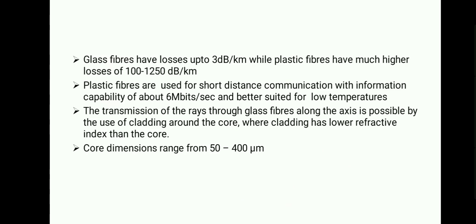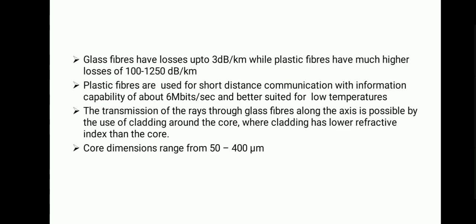You can observe that the losses in plastic fibers are greater than in glass fibers, but in applications where you can compromise a little bit on accuracy, you can go with plastic fibers because they are relatively cheap and economical compared to glass fibers.